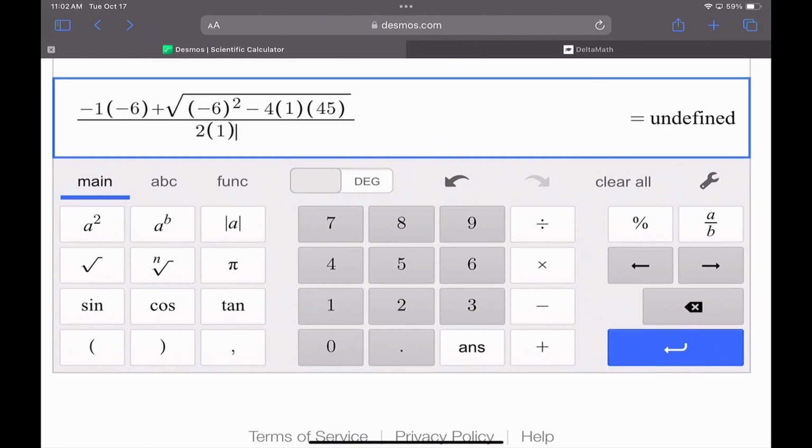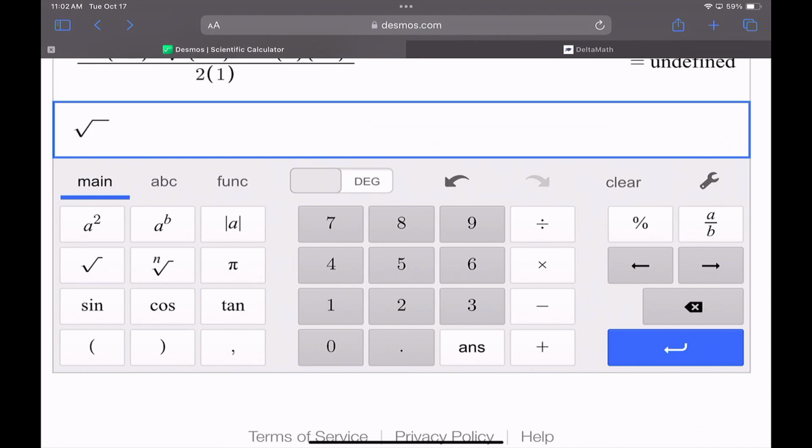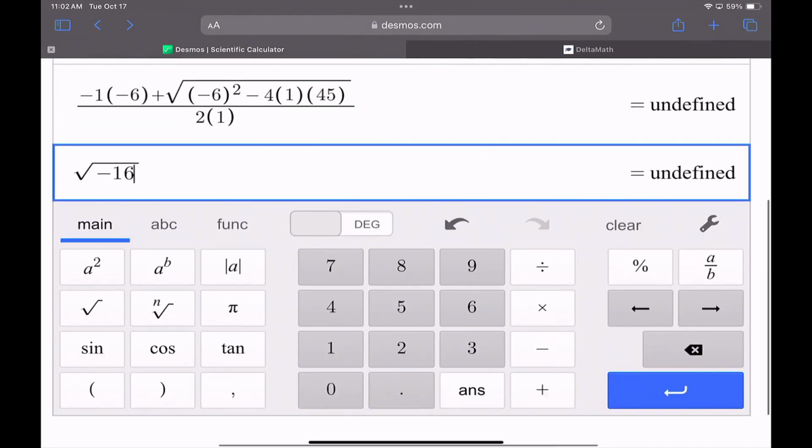And we get something, it says undefined. When did we get undefined before? We got it the other day. When did we get undefined in the calculator? When we did what? A negative in the square root. Yeah, when I tried the square root of -16, we got undefined.